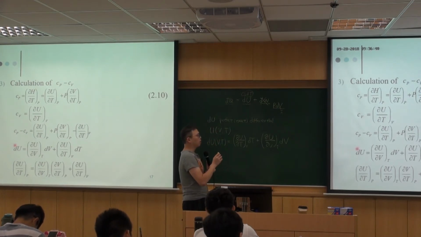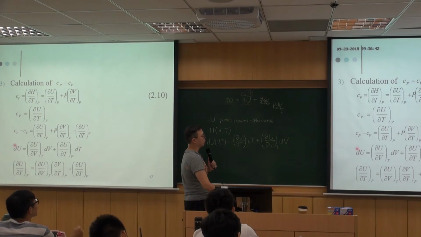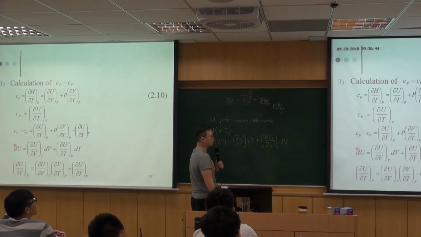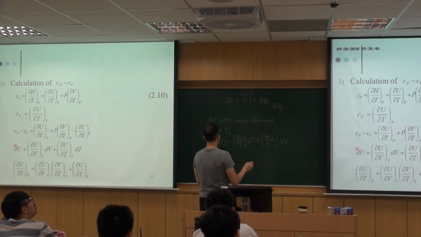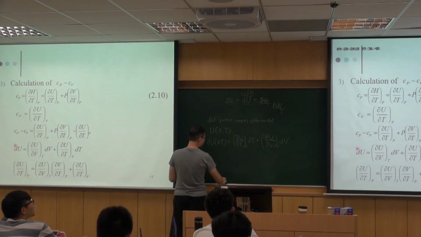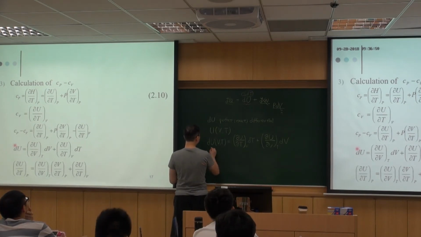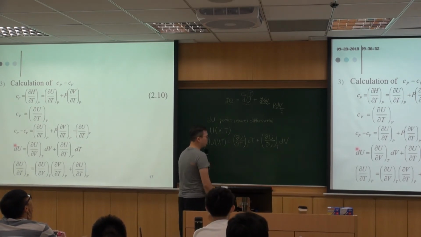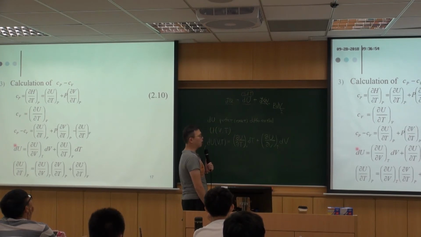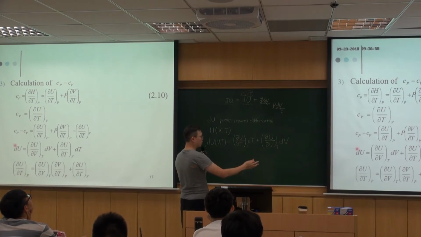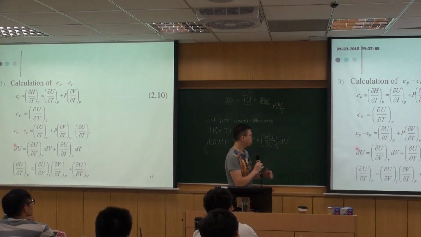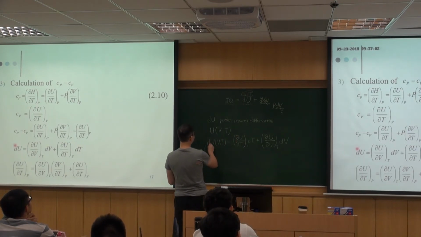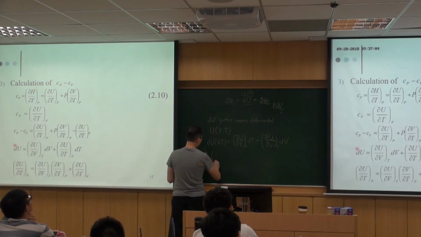And the next thing that we want to do is to figure out what is partial U, partial T at constant pressure, right? To do that, we simply take the derivative against temperature and then fix pressure, for both sides. So we have a dU over here.